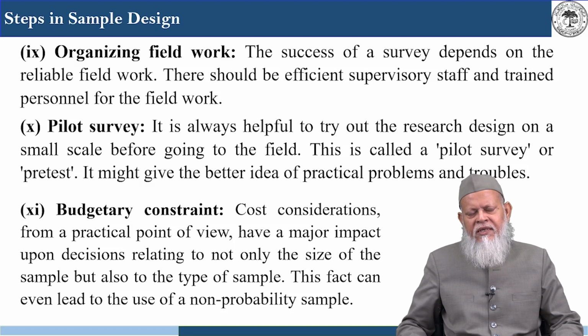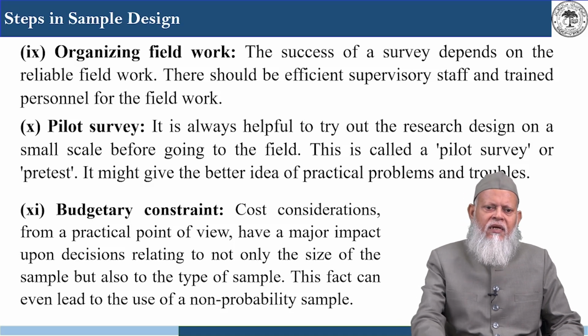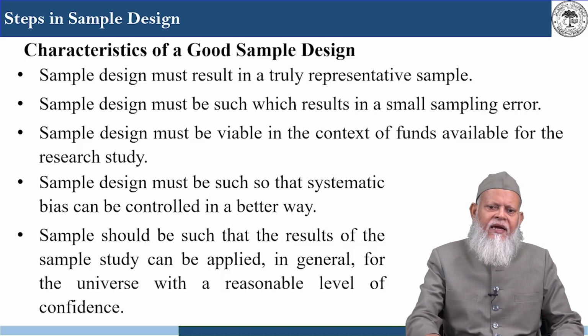If budget allows us, we can go for a large survey, and for random sampling. If budget does not allow, then we can go for a non-random sampling and a small survey. So the budget is of course very crucial in deciding the sample design.